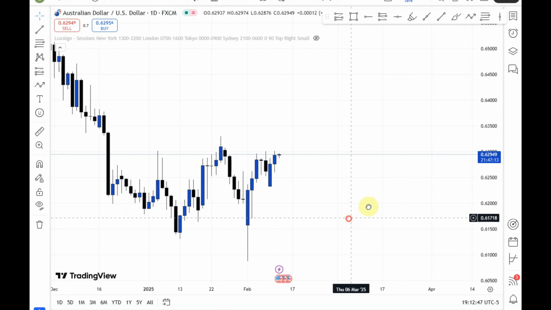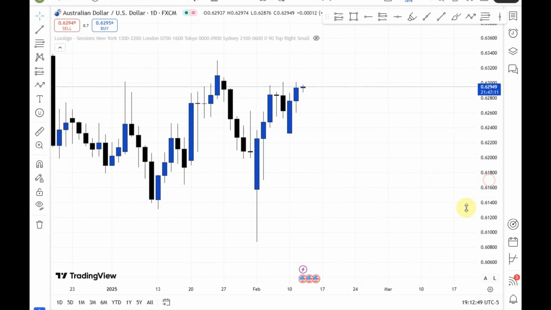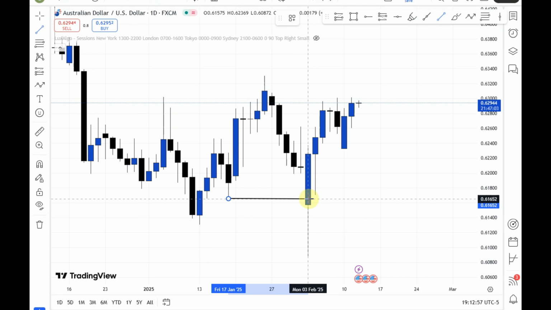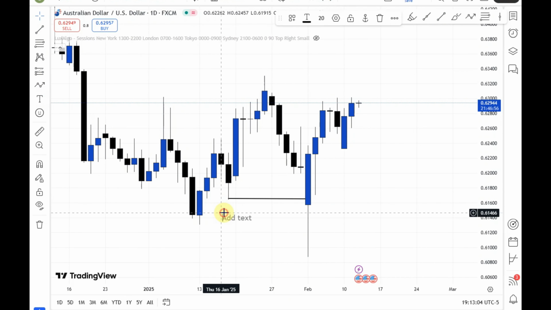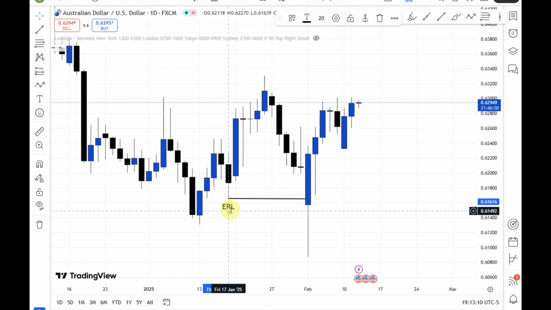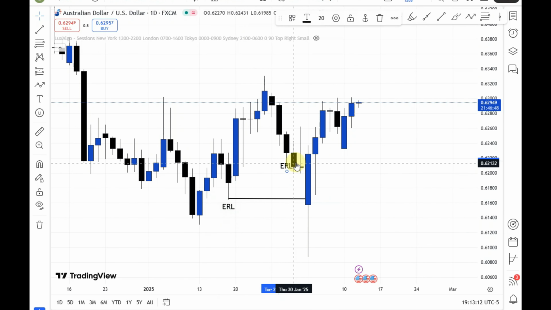By looking at this price action over here, you see there's this low. So this is our external range liquidity, and it has been taken out. So this is our ERL.